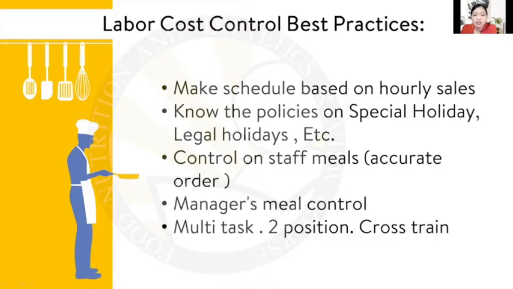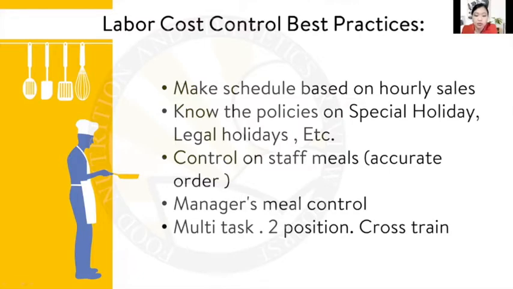Control on staff meals. If you provide or include the staff meals in the labor cost, making sure that there is no waste will also greatly affect how we control our labor costs. Manager's meal, also if the company includes it in the labor cost.